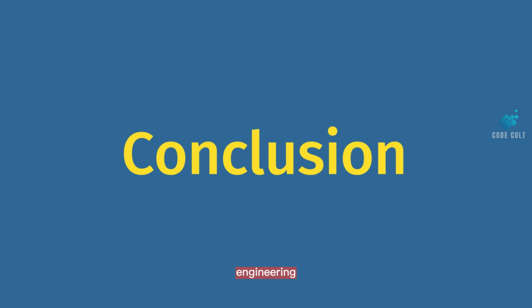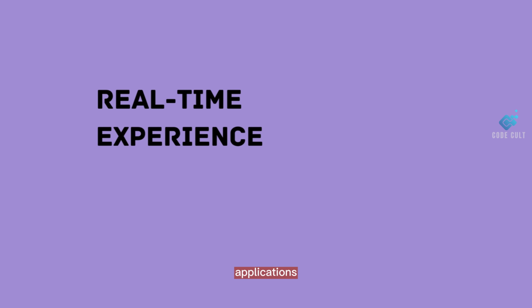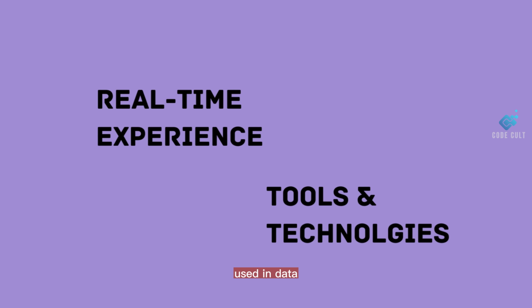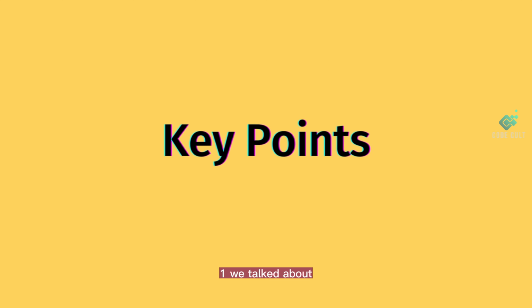As we came to the end of the video, which is the conclusion, we covered the definition of data engineering and its importance, and some examples of real-world applications. We also discussed some popular tools and technologies used in data engineering, including Hadoop, Spark, and Kafka. Let's recap some key takeaways covered in this video. 1.